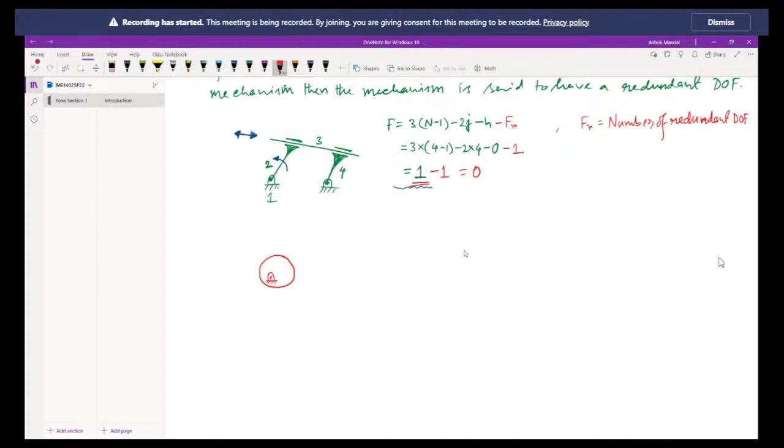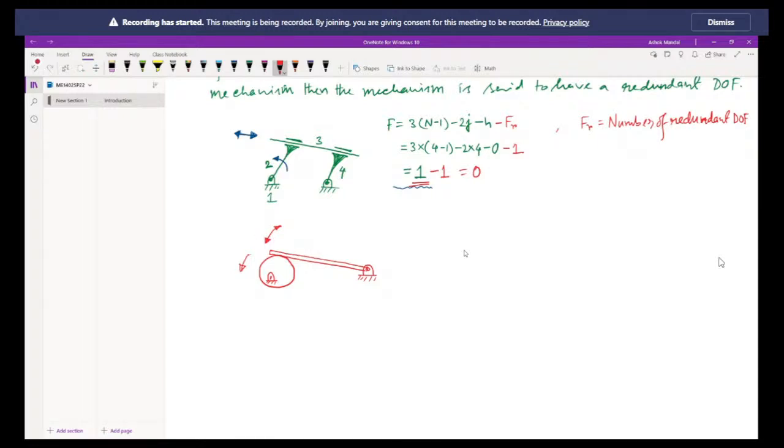Now let us try another cam follower mechanism where the cam is already drawn. This is the follower, and the follower is hinged here. When the cam is rotated in this direction, the follower will also have a motion, and that motion is oscillatory motion.